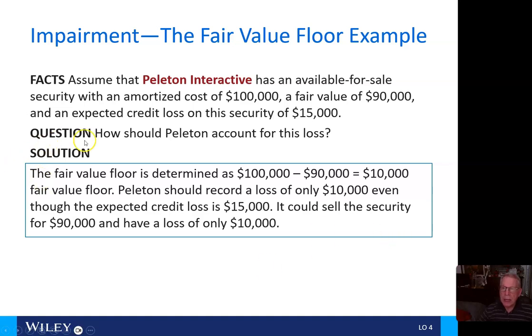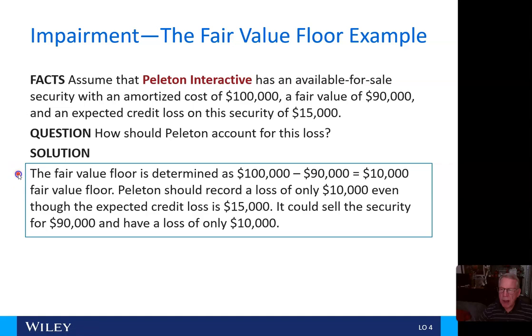Now, if we look at a fair value floor example, here we assume that Peloton Interactive has an available for sale security with an amortized cost of $100,000 and a fair value of $90,000 and an expected credit loss on this security of $15,000. How should Peloton account for this loss?